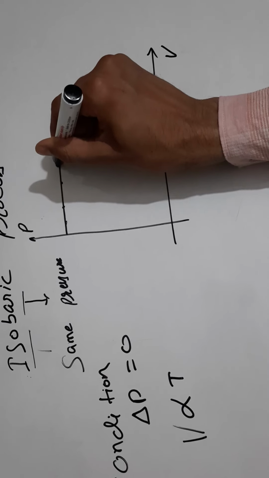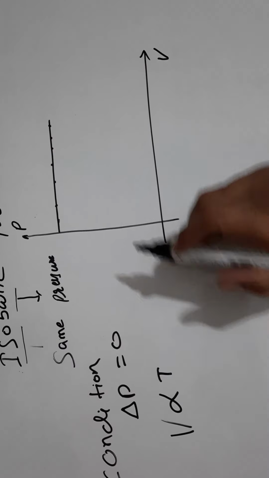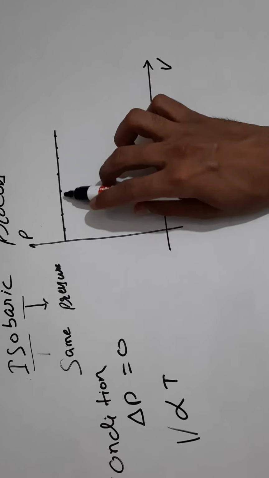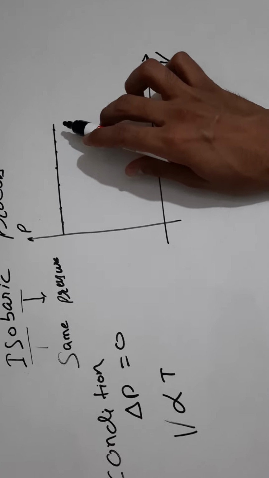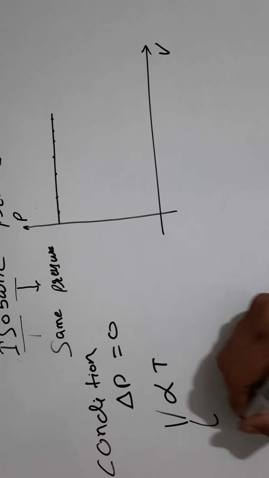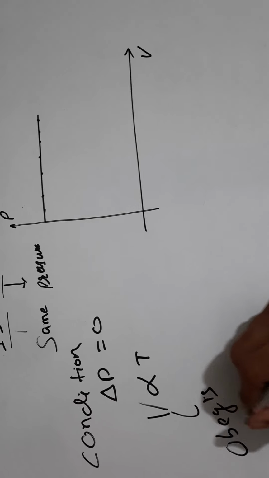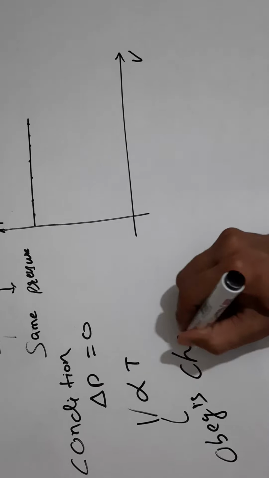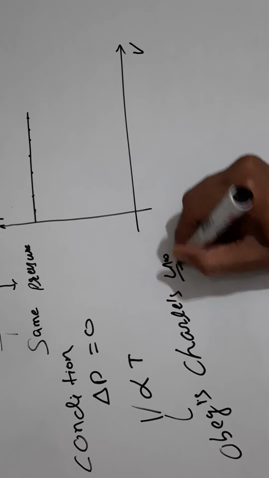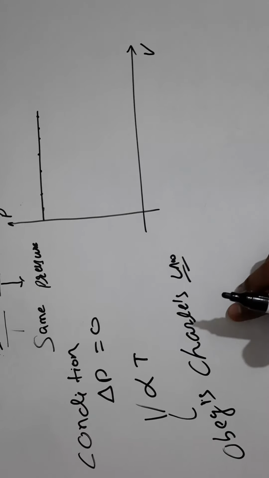If we move forward along this line, the pressure at every point remains the same. So which gas law does it obey? The gas law obeyed is Charles's law.